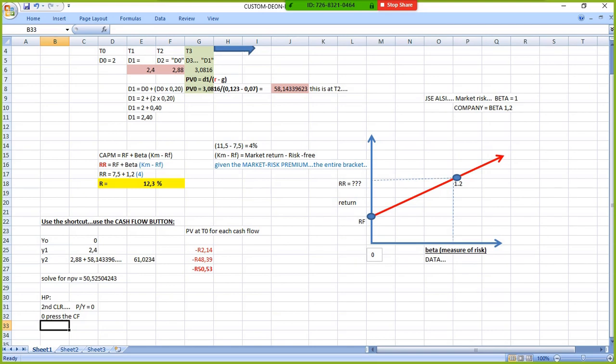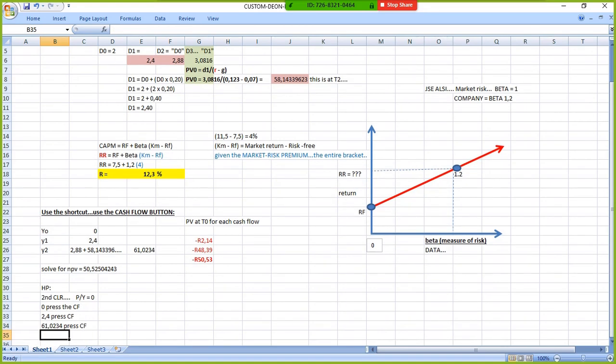And then press 2.4, press CF button. Then type in 661.0234, press CF button.